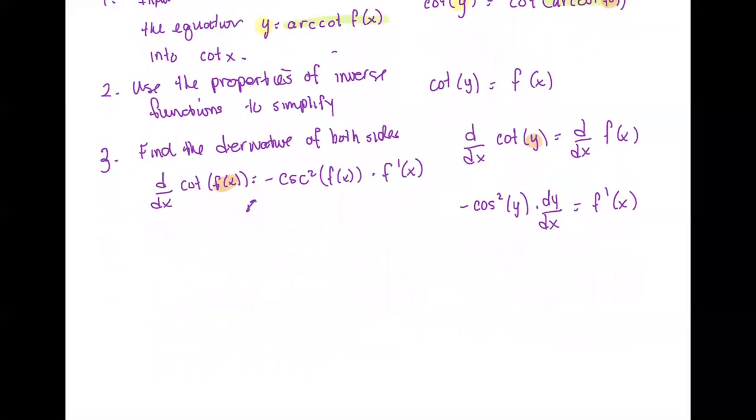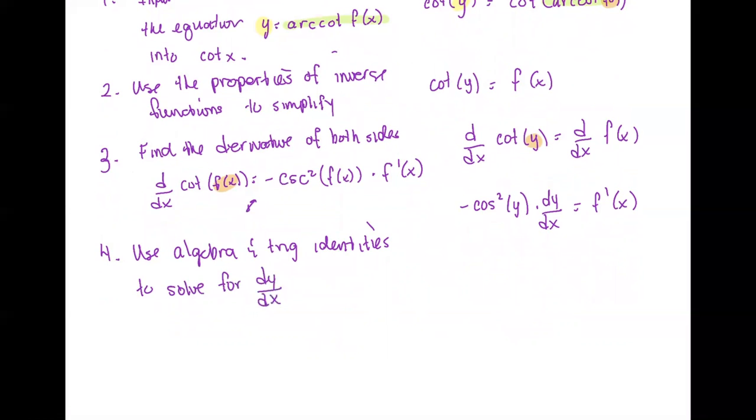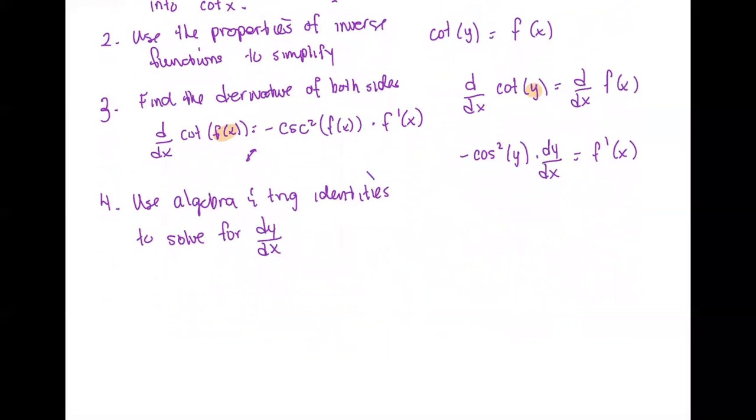Now we just use a little bit of algebra and trig identities to solve for dy dx. The trig identity I was trying to show you in class was that sine squared y plus cosine squared y is equal to 1.